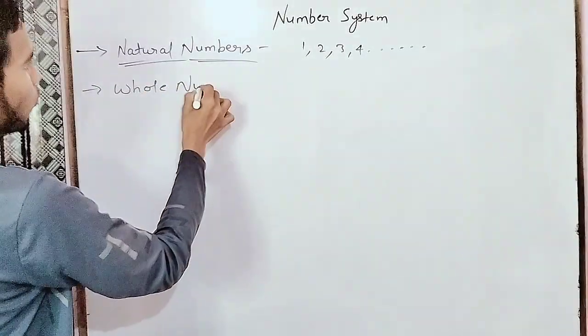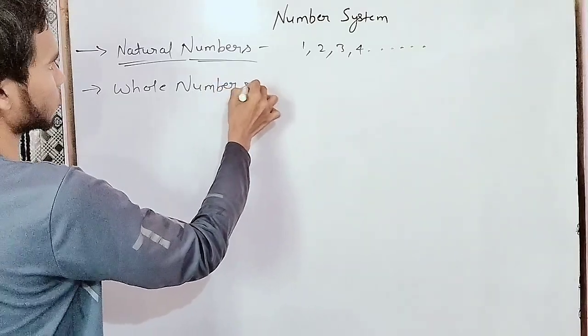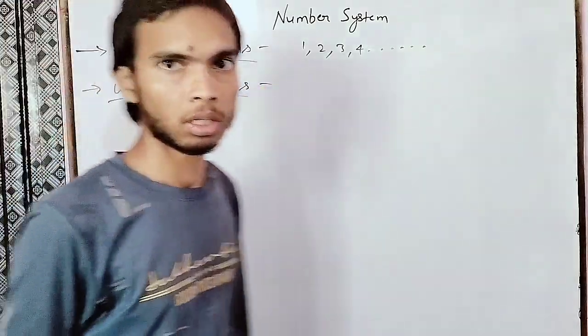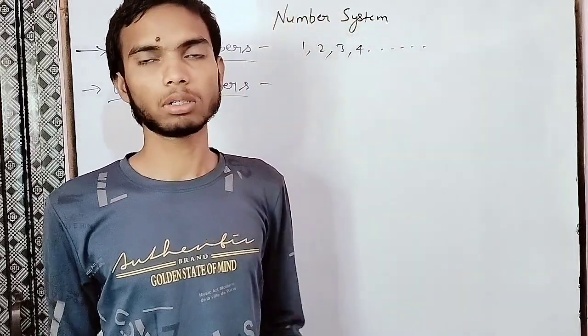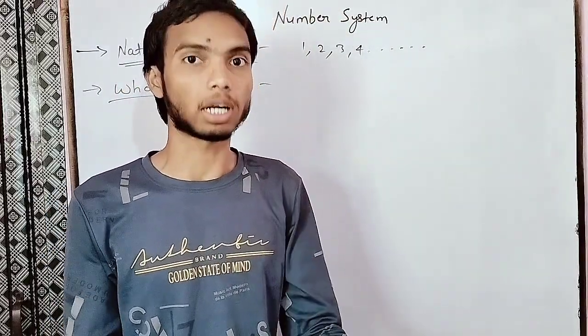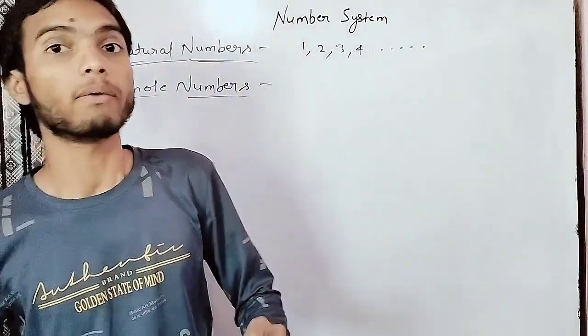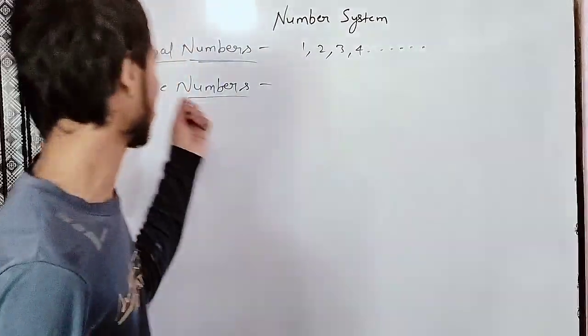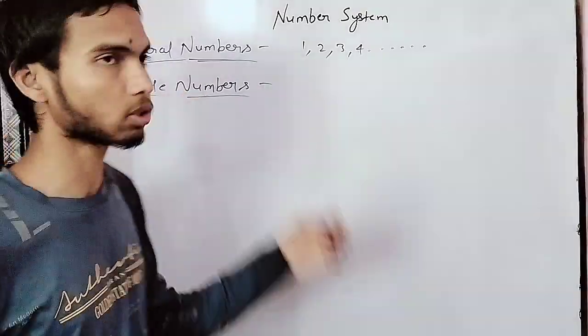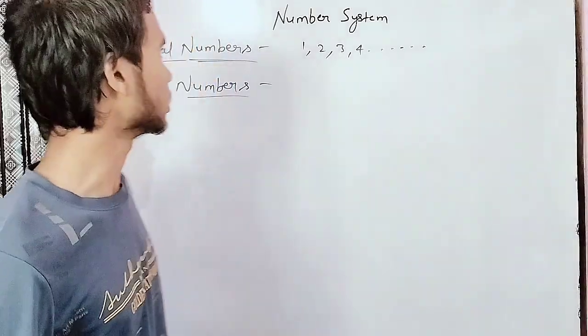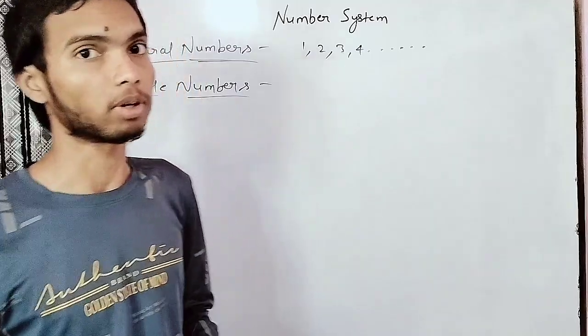Next, whole numbers. Now it's all about where the number starts. As we saw, natural numbers start from 1.